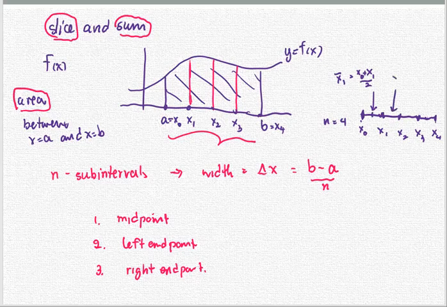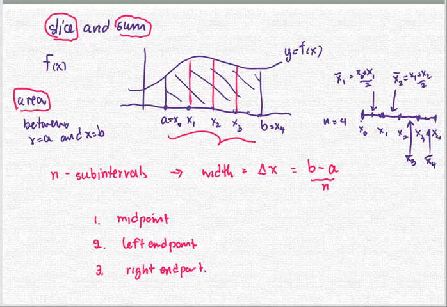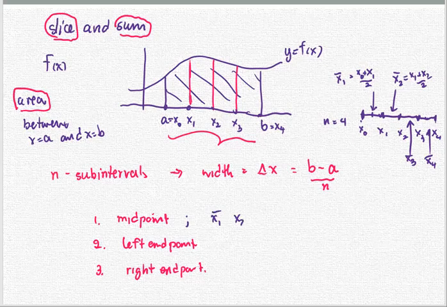And then the second one is gonna be x2 bar, which is x1 plus x2 divided by 2. And the next is gonna be x3 bar, x4 bar. So for the midpoint, you have to do some more calculation before we get to the approximation. The points that we use for the midpoint are gonna be x1 bar, x2 bar, x3 bar, and so forth. The bar means you find the average of the left and right ends of each subinterval.